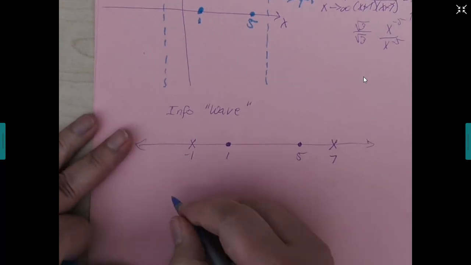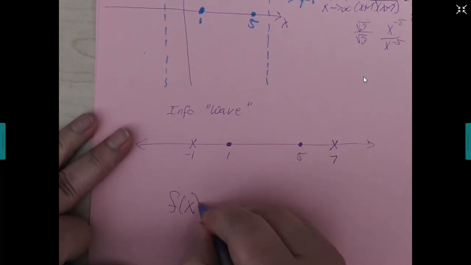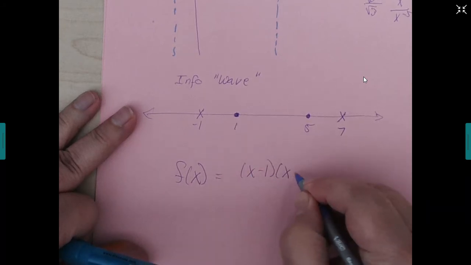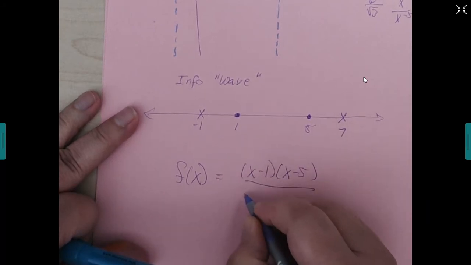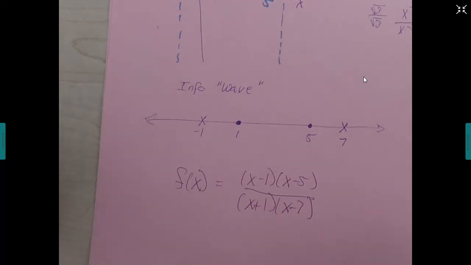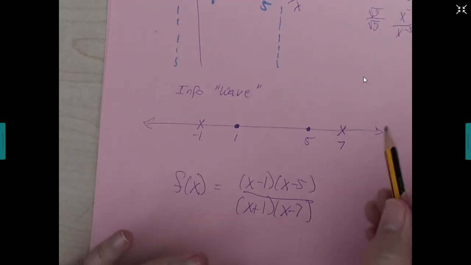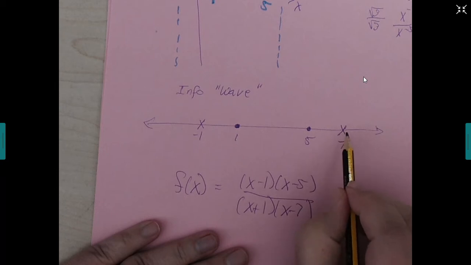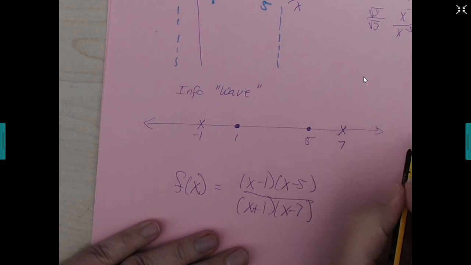So I'm going to write your function. f of x is equal to x minus 1 times x minus 5 divided by x plus 1 times x minus 7. And I'm going to check each section here. So I'm going to pick a number above 7, not the endpoint, anything above 7.